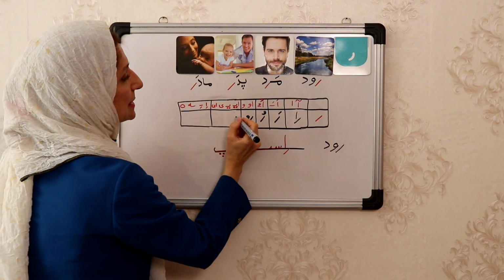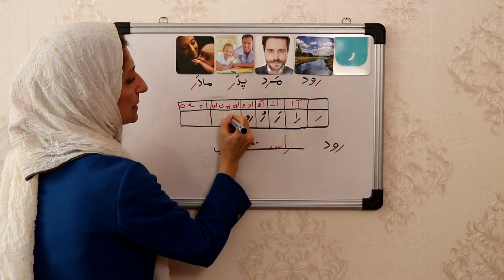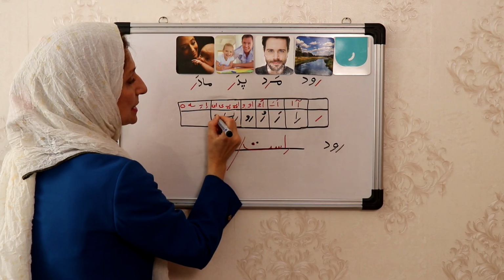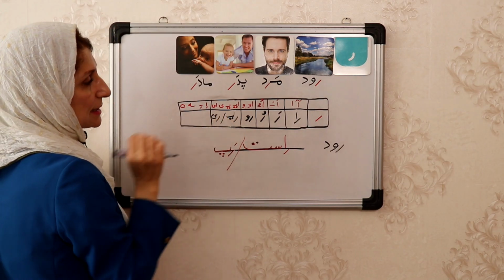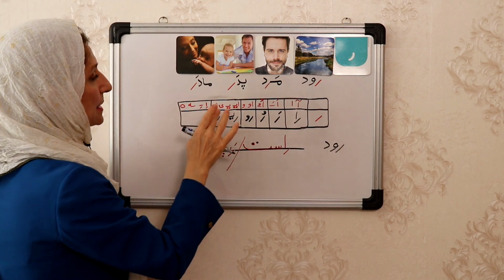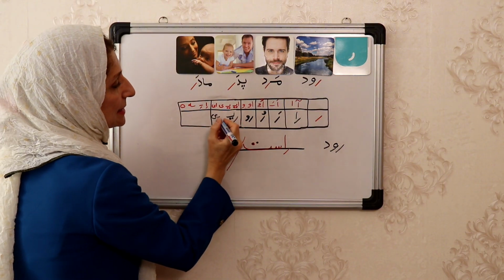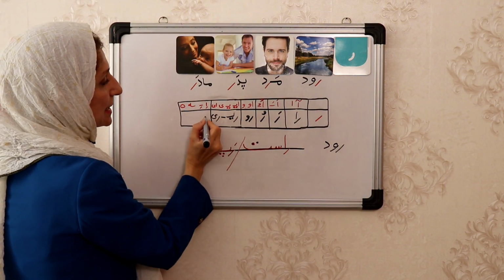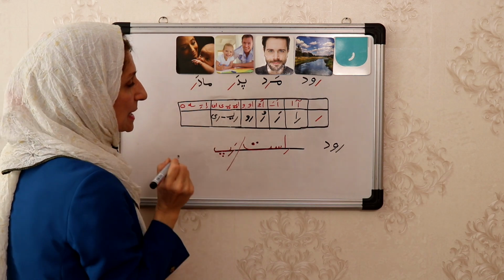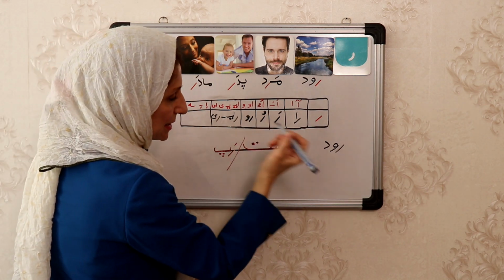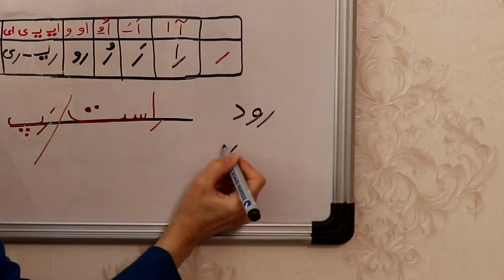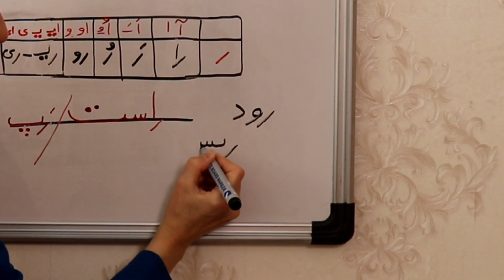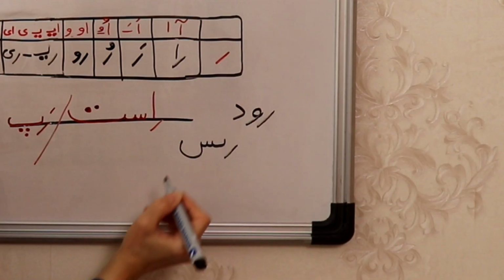Re and e. We have two forms, re and re. Re and re. Don't make a mistake. And re and e. By the way, re like rish. Rish. Look at the way I connect sounds together.